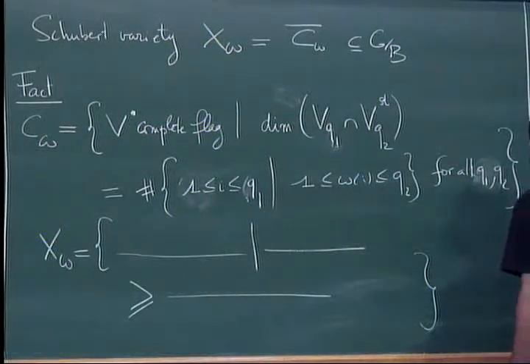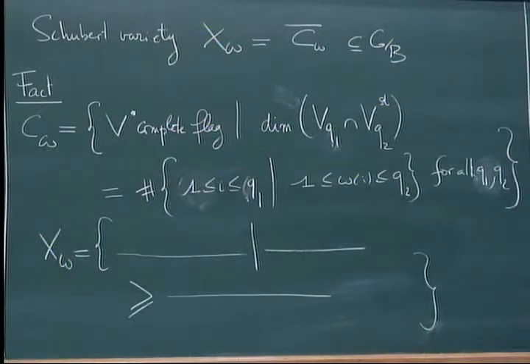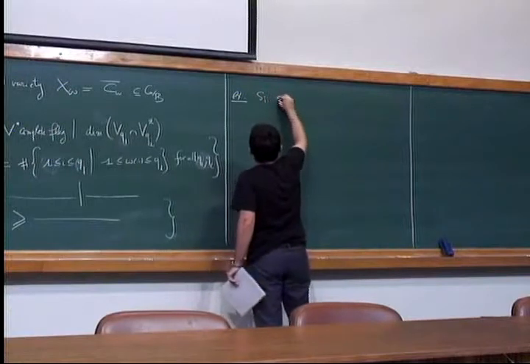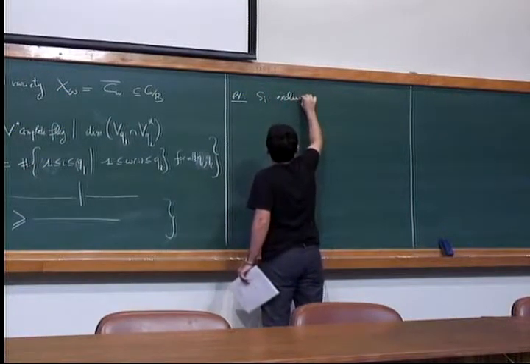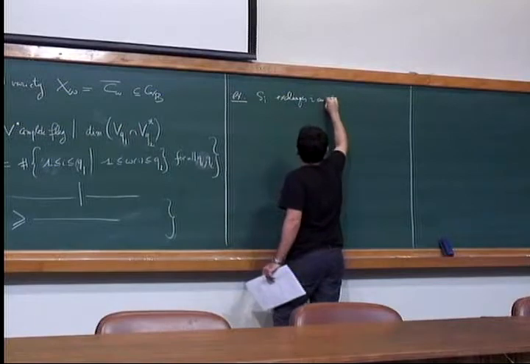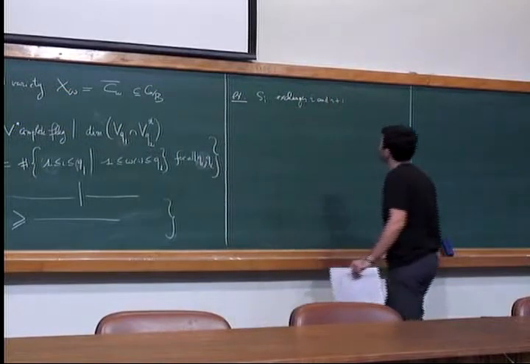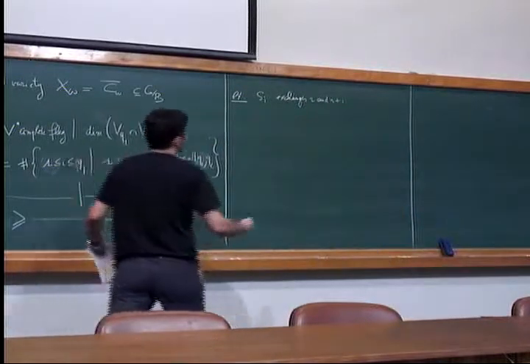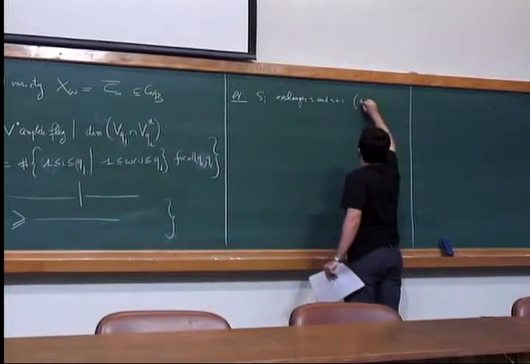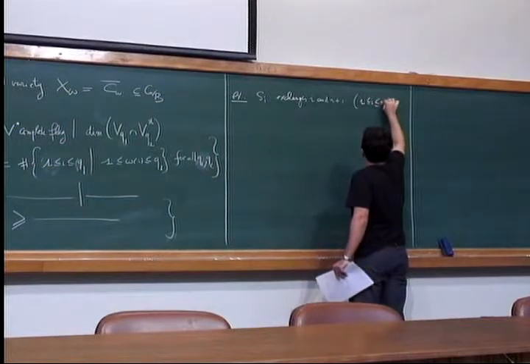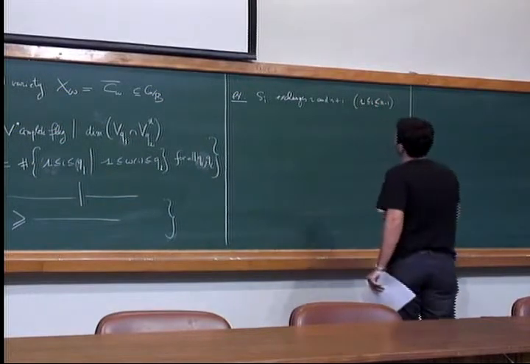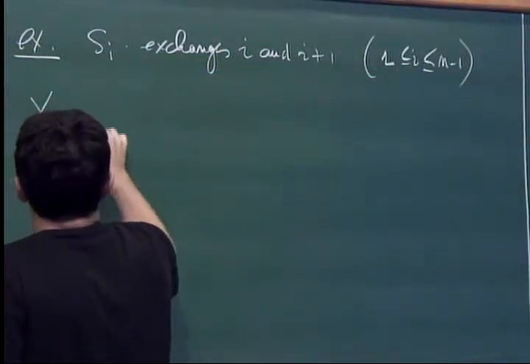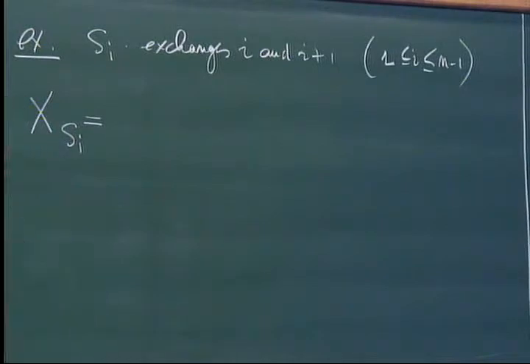So example. Define s_i, which exchanges i and i+1. So this is the identity elsewhere. So this is a transposition. So what is X_{s_i}?